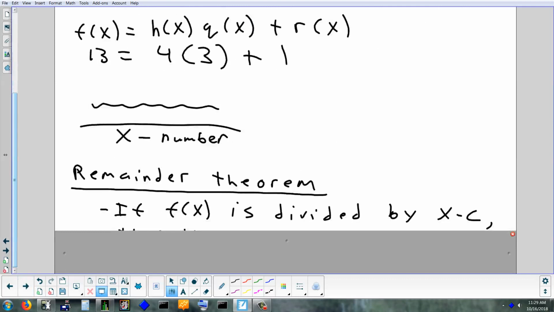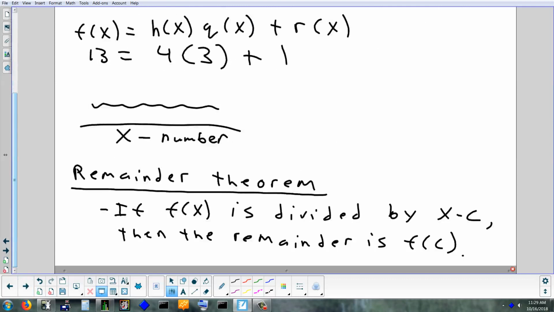As long as you divide by x minus a number, if you want to find the remainder, all you have to do is take that number, whatever it is, and plug it into the formula in the top. So you don't have to do any division at all. All you have to do is evaluate.